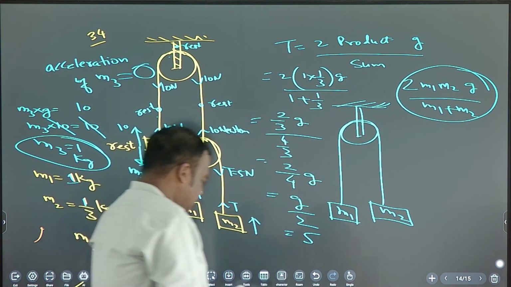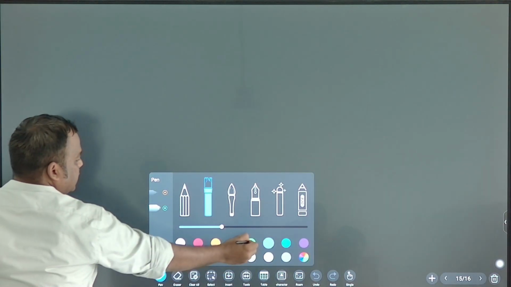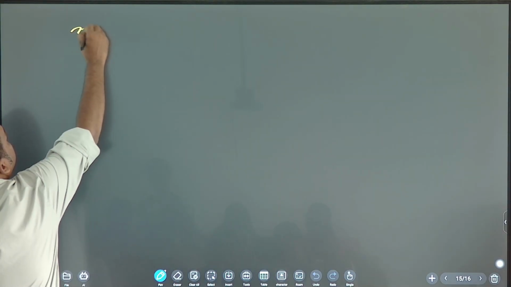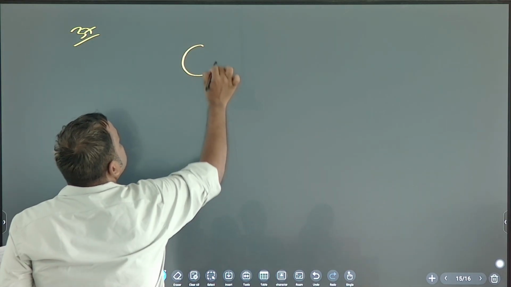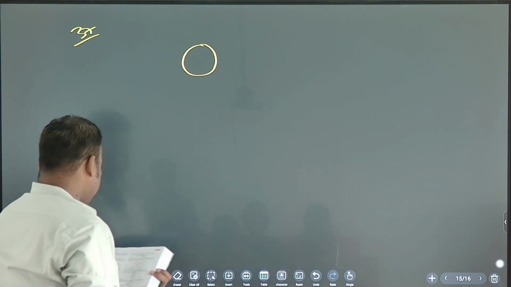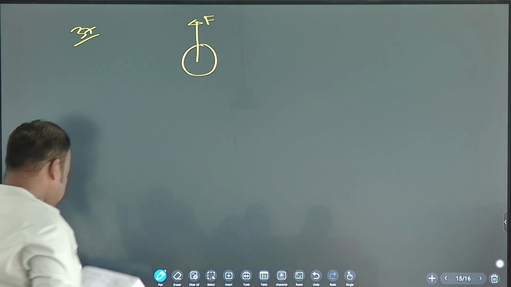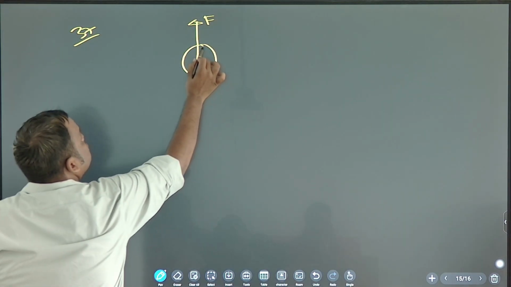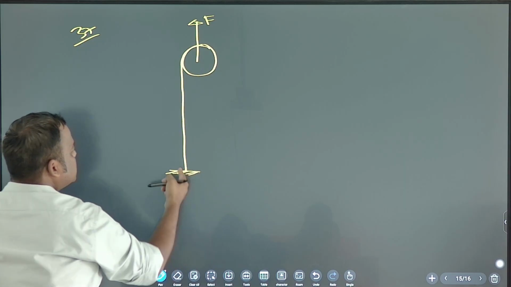Now let's solve 37. One pulley is there. What is the force acting on this pulley upward? F. Then you have a string passing over it, fixed here.